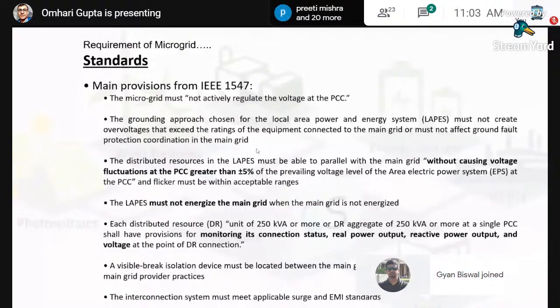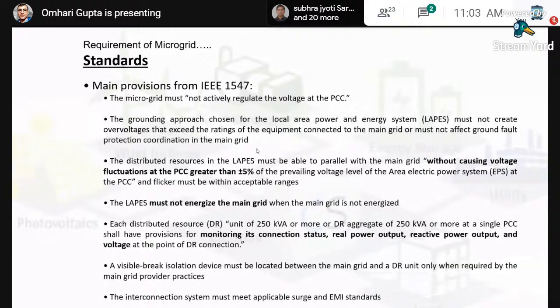Now, what are the requirements in terms of voltage? As you know, you should connect the distributed resources without causing voltage fluctuations at the PCC greater than plus or minus 5%. So those fluctuations should not exceed this limit.